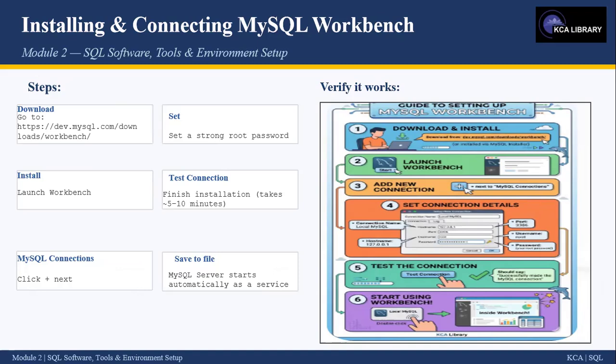You fill in the connection name, the host name, the port, username and password. Click test connection. You should see successfully made MySQL connection. Double click the connection to open it. Now you are in MySQL Workbench and ready to use.